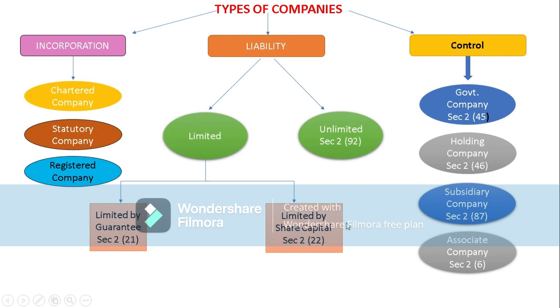For example, if the shareholder has 10,000 worth of shares and he paid 8,000 to the company, now his unpaid amount is 2,000, so he is liable for that 2,000 only, limited by share capital. When the company is in loss, he has to pay that 2,000.